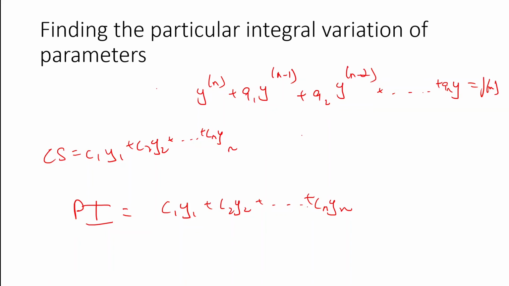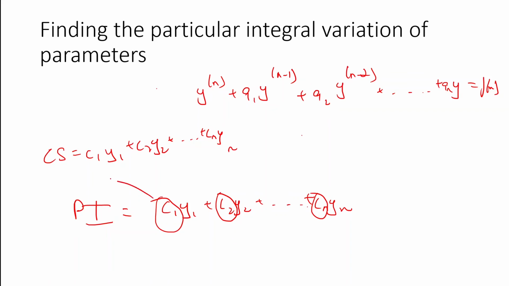So there is a long arduous process of defining and finding out how to solve the particular integral, but to properly say how to solve, I will just write out the formula. What we are interested in are these functions c1, c2, cn.